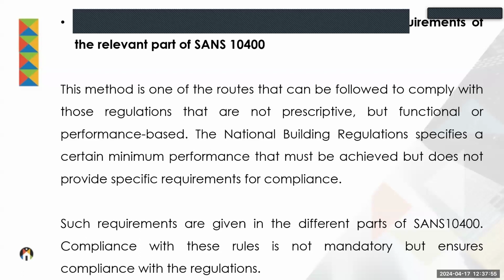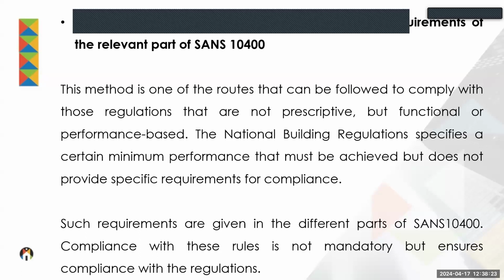And I think it sounds strange now. I don't have to comply with the requirements of SANS 10,400 Part T. I don't have to keep to safety distances, but I have to do a rational design and prove that whatever I then suggest in place of the deemed to satisfy requirement, let's say for safety distances, will give me an equal or a better outcome.